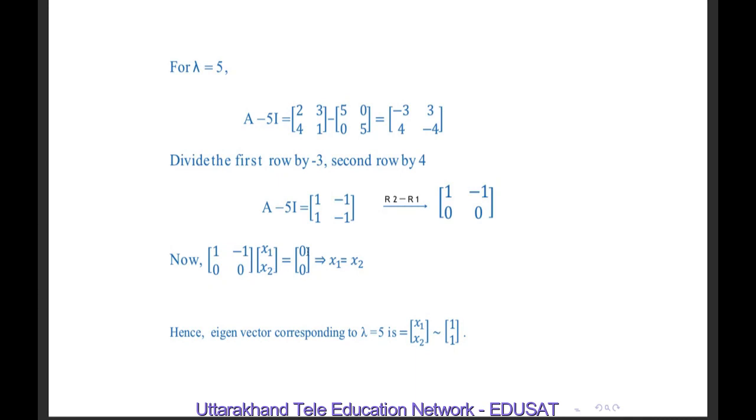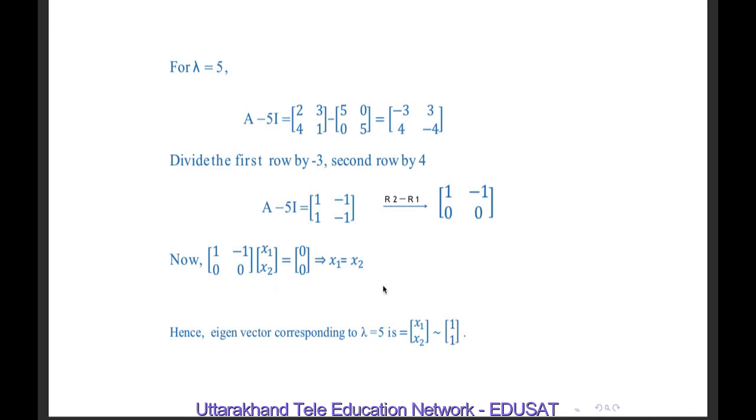Because on the right hand side we have the null matrix of order 2 by 1, therefore x1 minus x2 is equal to 0, which gives x1 equal to x2. And in the second term we have 0 equal to 0.